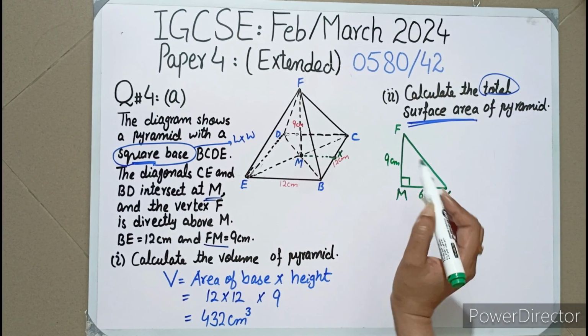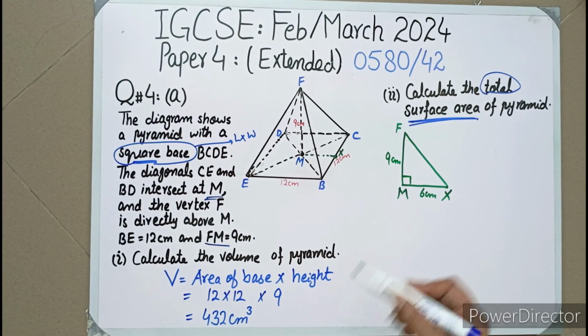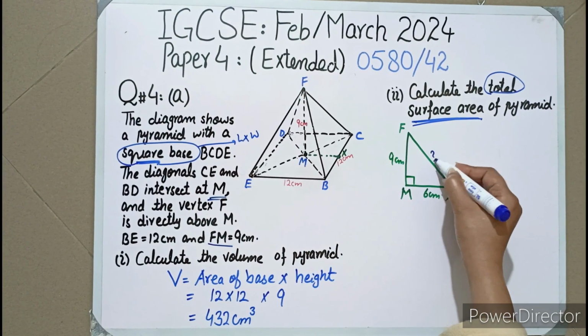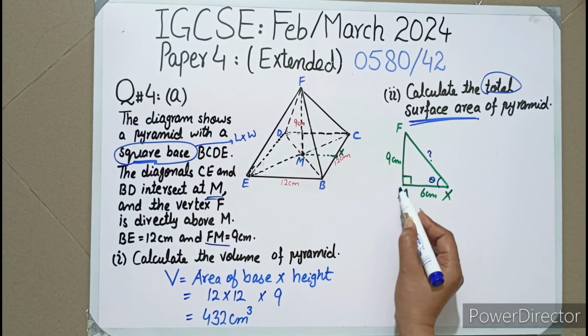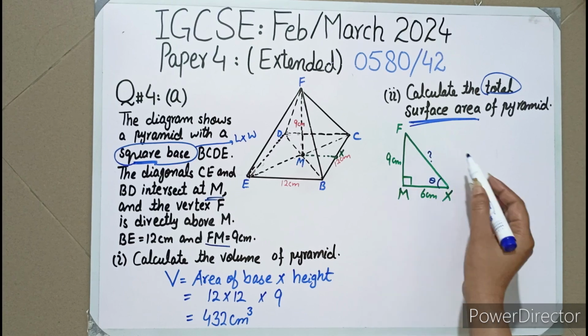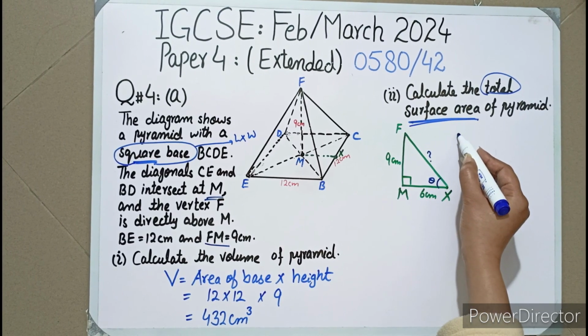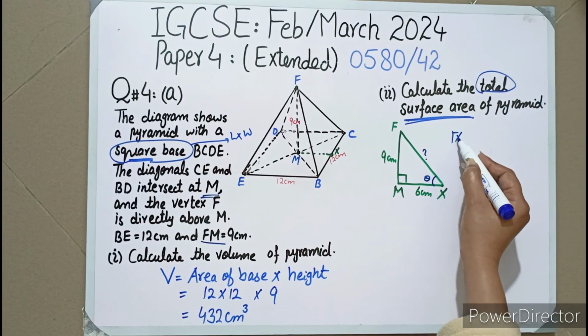Here I have to use Pythagoras theorem. Pythagoras theorem says this is the hypotenuse. If I take the angle over here, this is base and this is perpendicular. So how would you get FX?